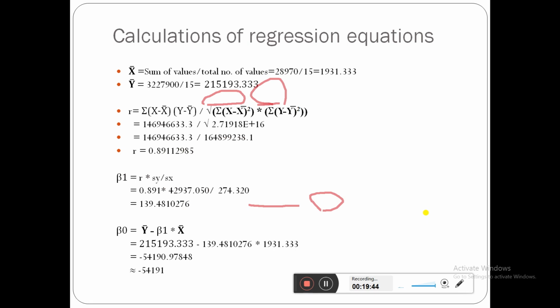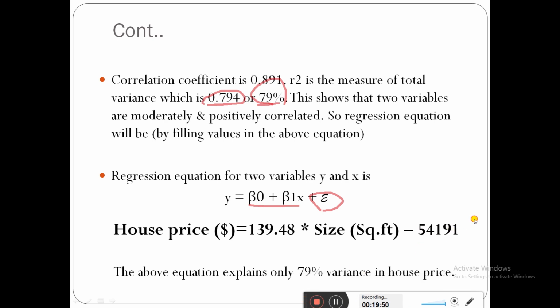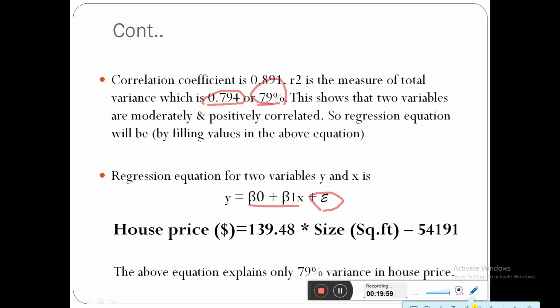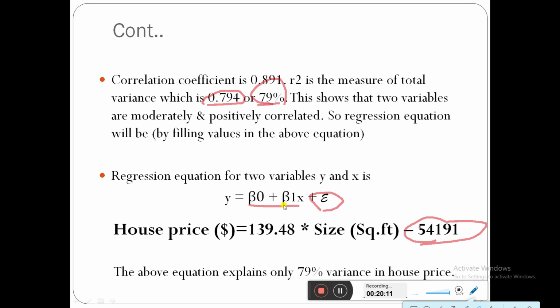Beta 0 value is minus 54191, so beta 0 becomes minus this value. Next, the beta 1 value is this, and x is the size of the house, y is the price of the house.